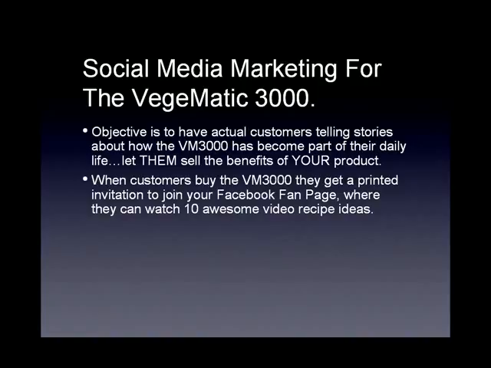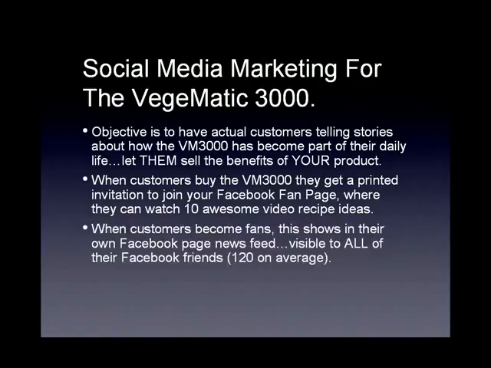And the people are going to be like, hey, this is different. I've never got an invitation to a Facebook fan page, and it does sound kind of cool to get some recipes, and hey, there's no better way to do that than to watch a video, so hey, I might check it out. Okay, so when my customers who just bought my product become fans, what's going to happen? All right, well, the way Facebook fan pages work, the way Facebook works, is once they go online and do that, this is going to show on their own Facebook page in the news feed of their activities.